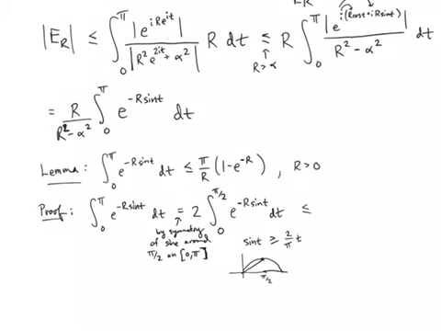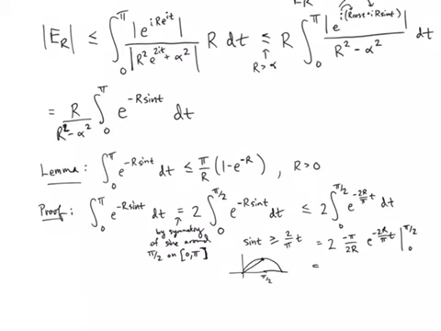So substituting this into this integral, we have e to the minus 2r over pi times t dt. And then I can actually integrate that exponential. So this is equal to 2 times, undoing the chain rule, negative pi over 2r, and then e to the minus 2r over pi t evaluated from 0 to pi over 2.